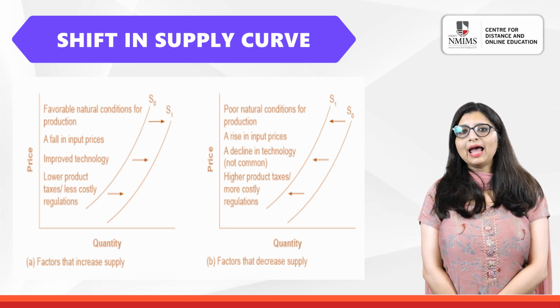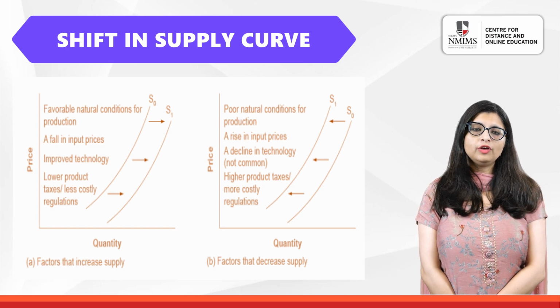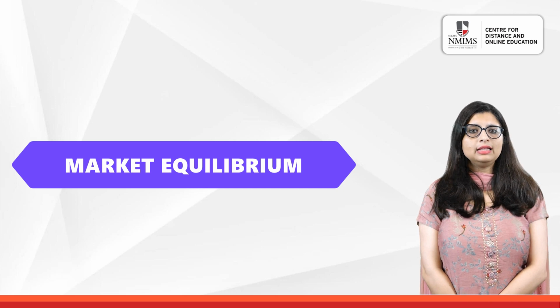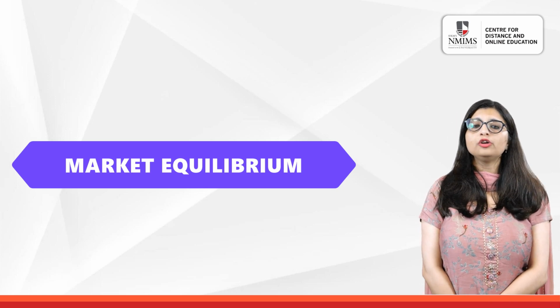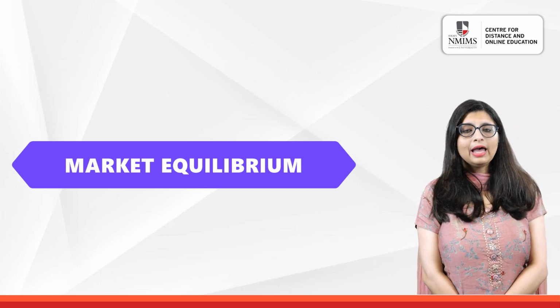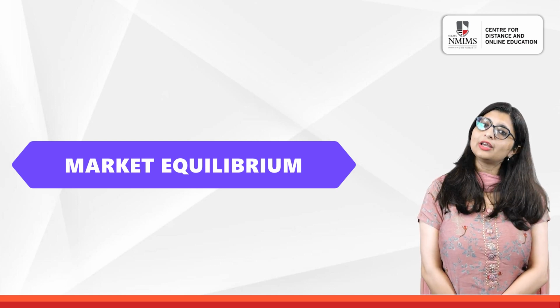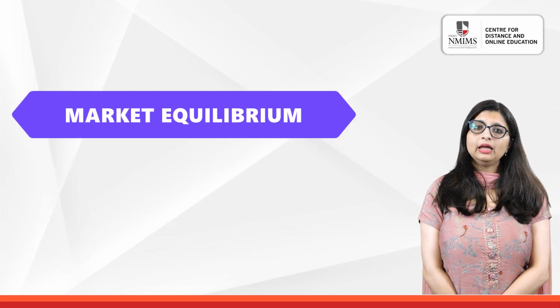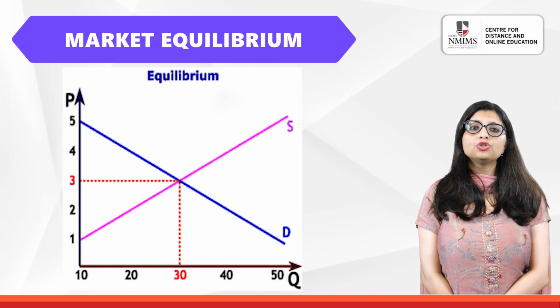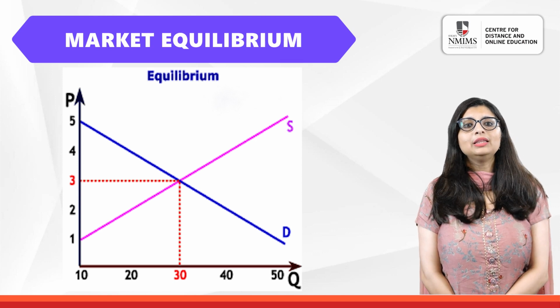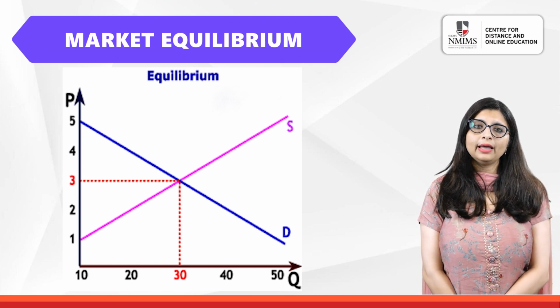An important aspect at this stage we are going to discuss is market equilibrium. At this point I am sure you know what demand and supply are, and we have also seen the significance of demand and supply, how they contribute to an economy and how price determination is done with the interaction of demand and supply.